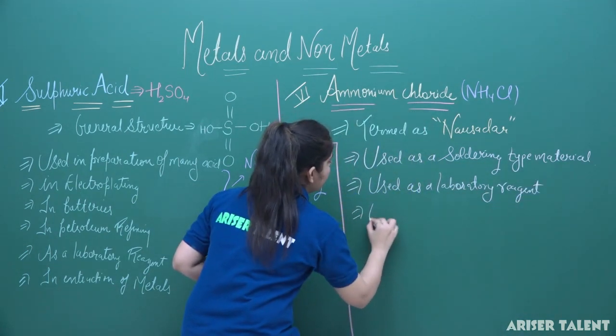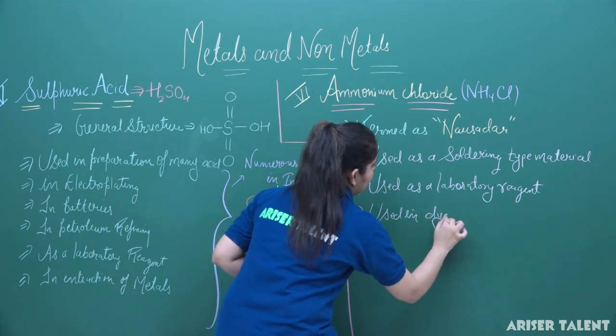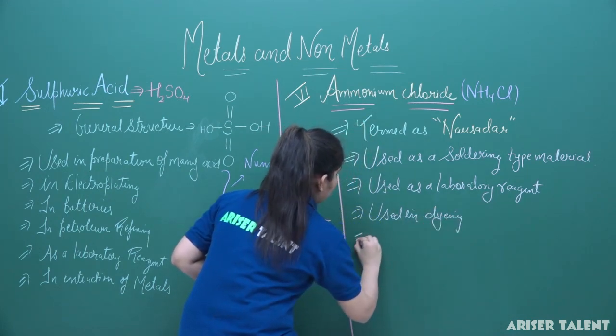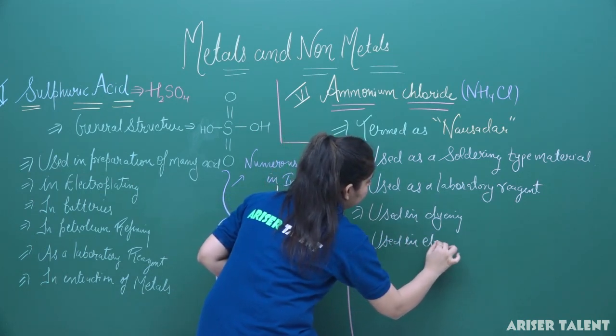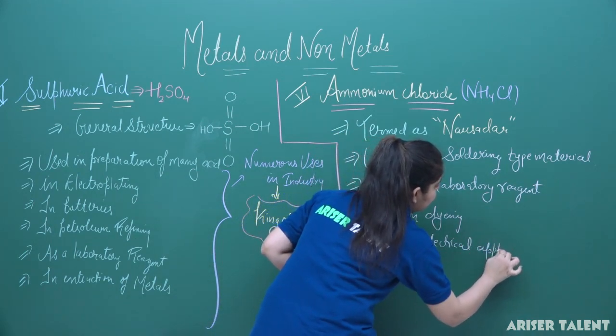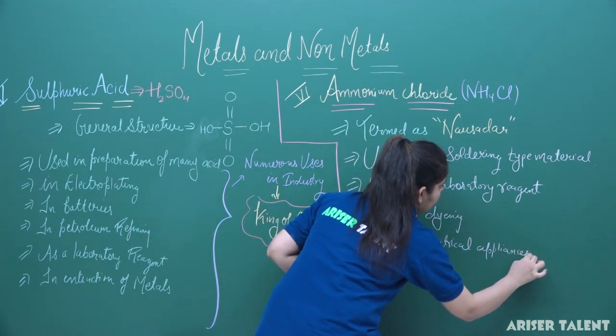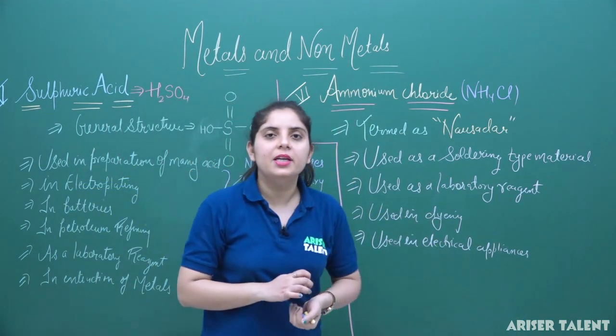Thirdly, it is used in dyeing. Used in electrical appliances. So these are the general uses of ammonium chloride in our day-to-day life.